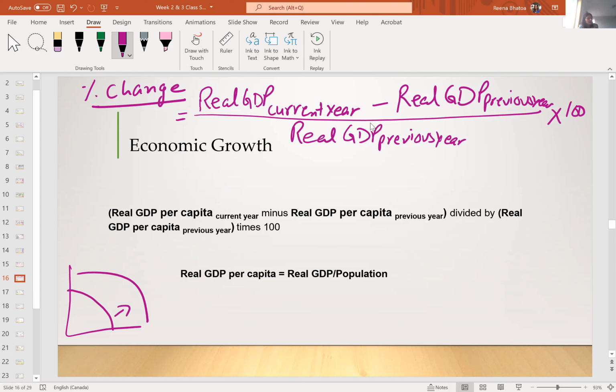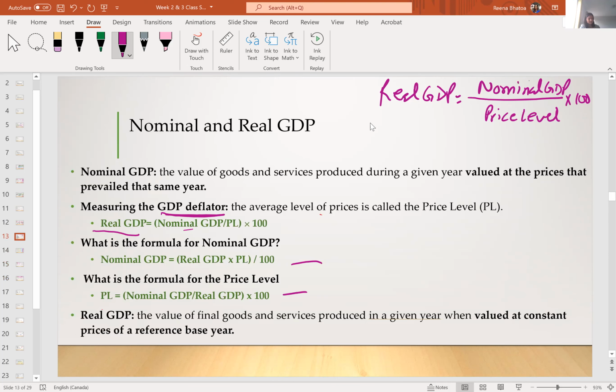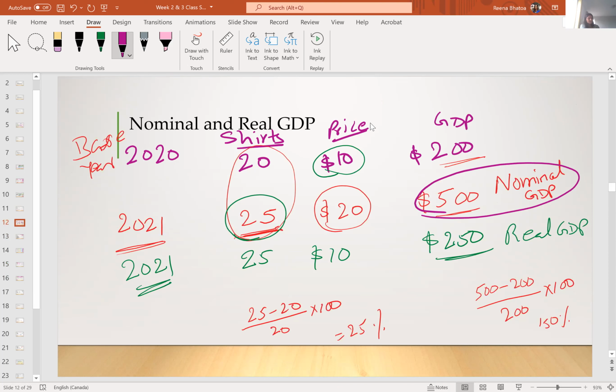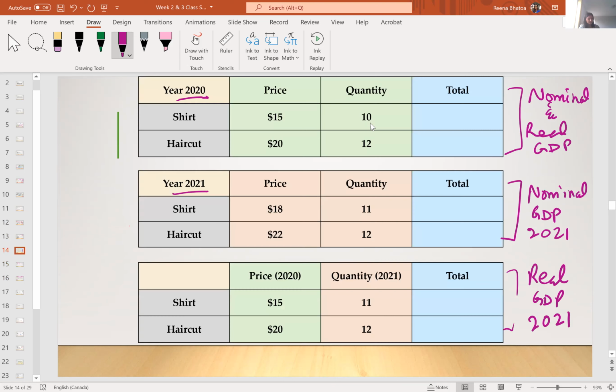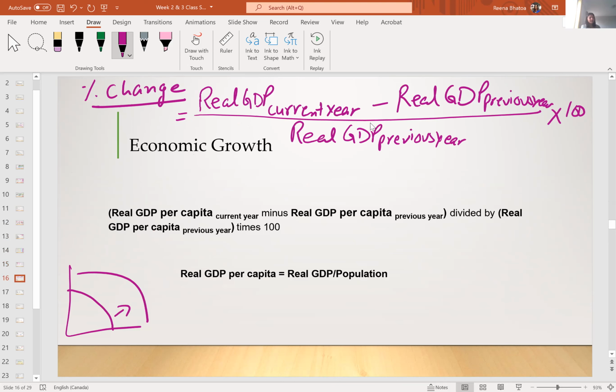Okay, if I go to the previous slide here, real GDP in 2021 is 250 and in 2020 is 200. If I employ that in here, 250 current year, subtract 200 previous year, divided by 200 previous year times 100.